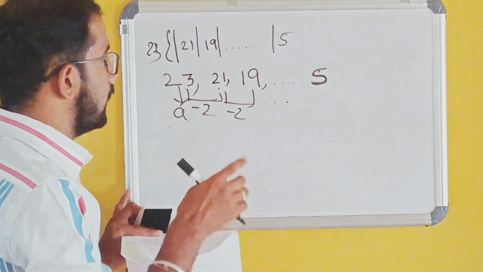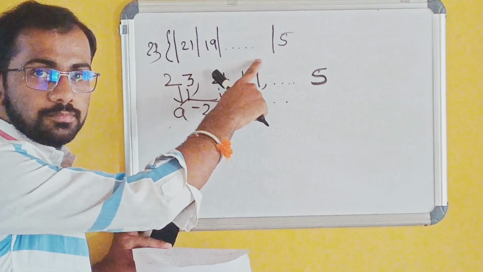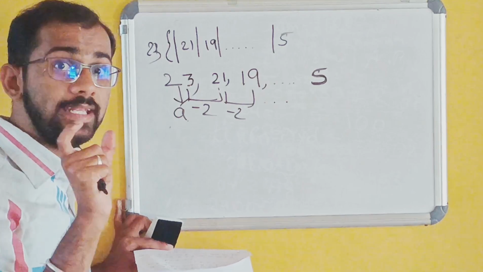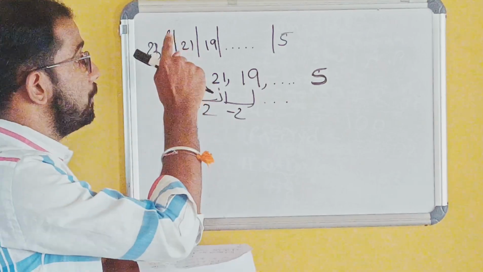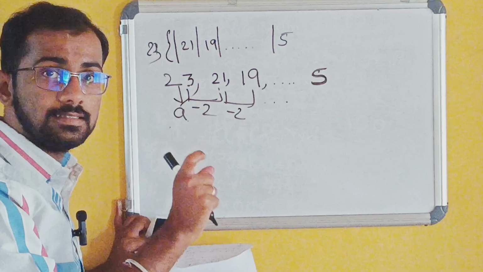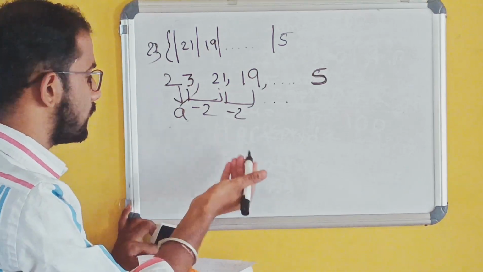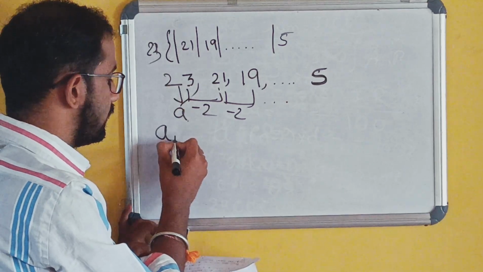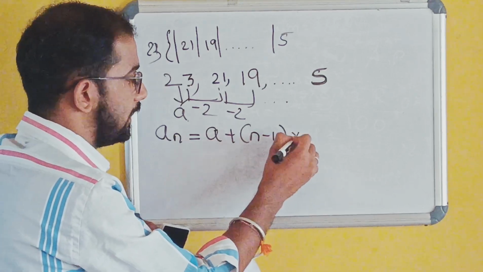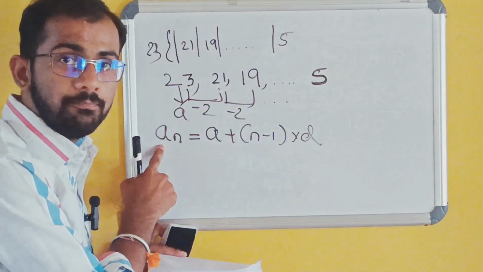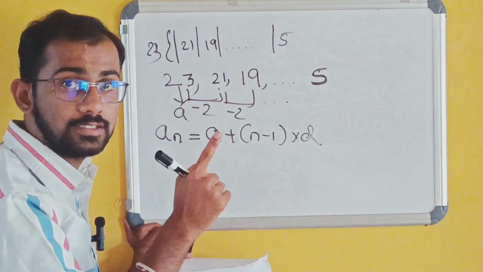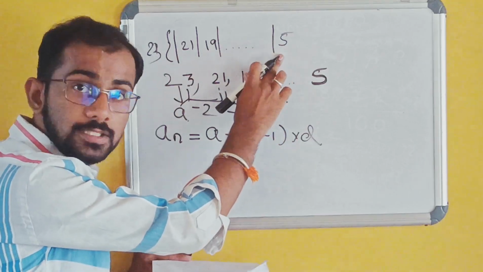We need to calculate how many rows there are from the first row to the last row. See here, a_n equals a plus (n minus 1) times d. Here a_n is the number of flowers present in the last row, the last position.